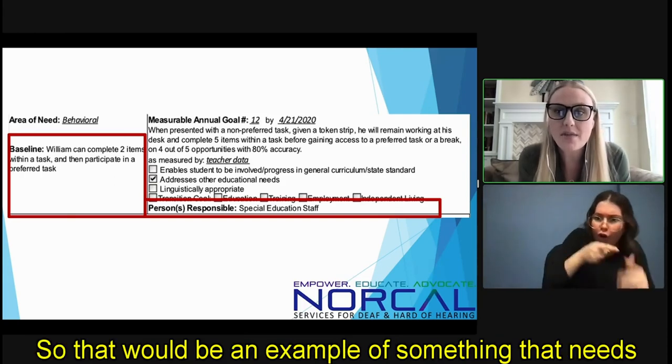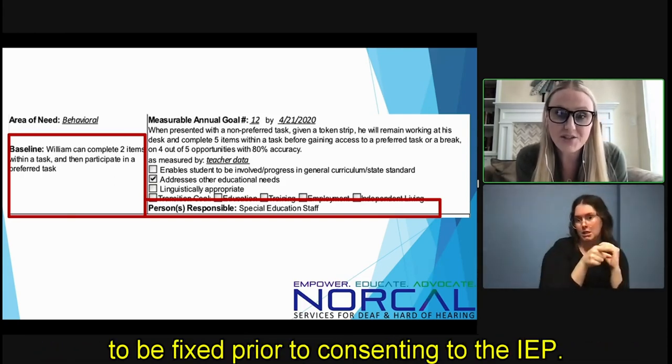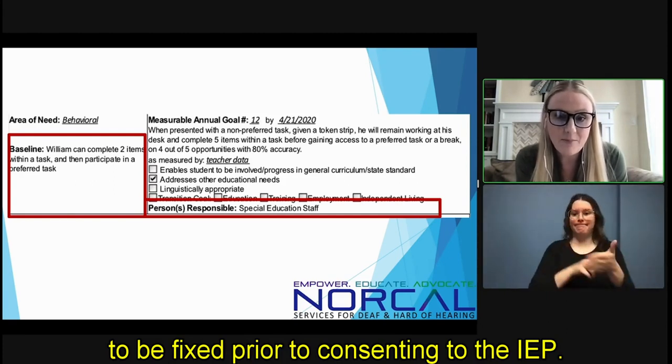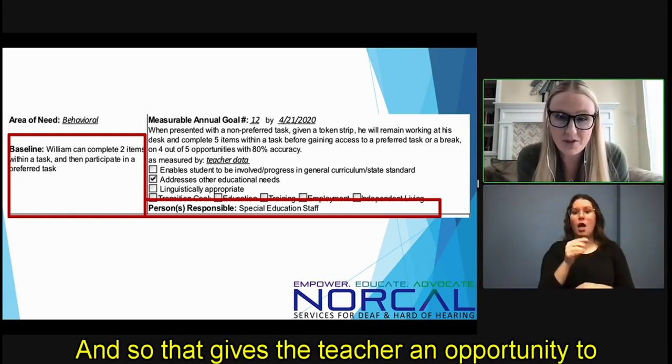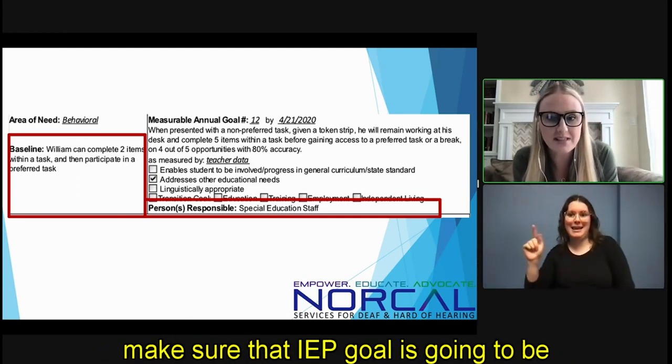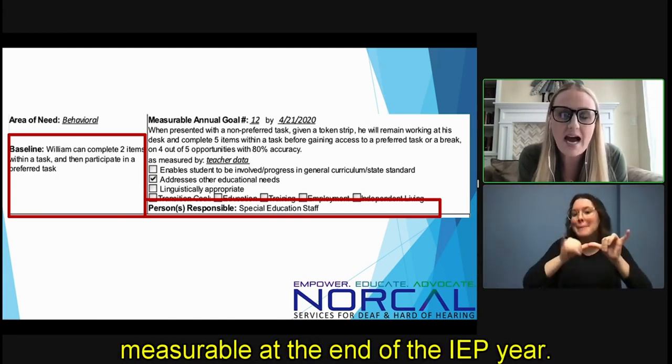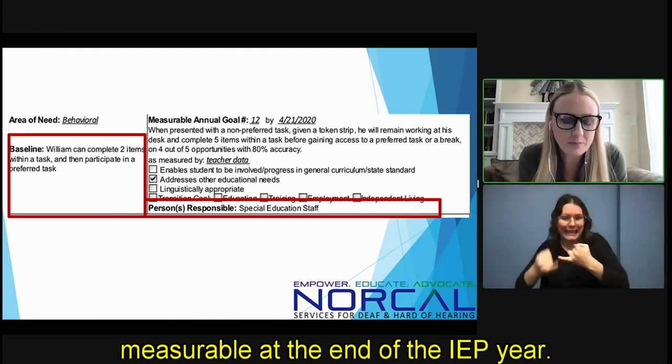So that would be an example of something that needs to be fixed prior to consenting to the IEP. And so that gives the teacher an opportunity to go and do some data collection so we can make sure that that IEP goal is going to be measurable at the end of the IEP year.